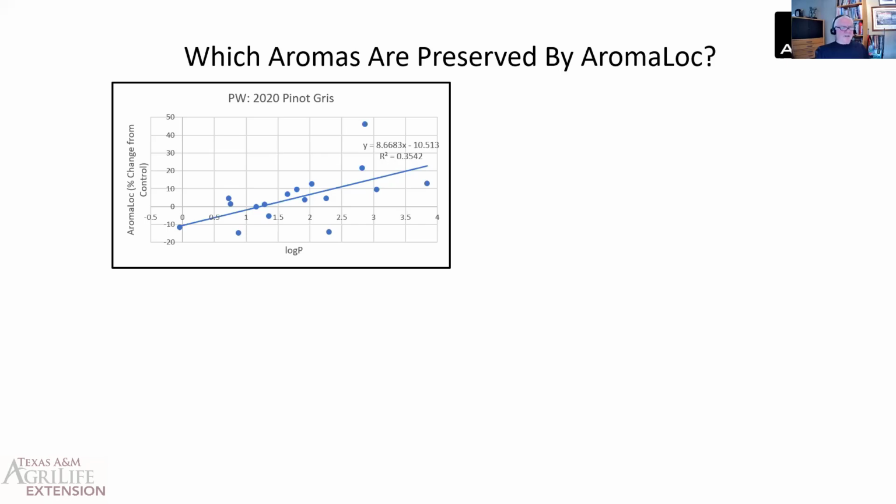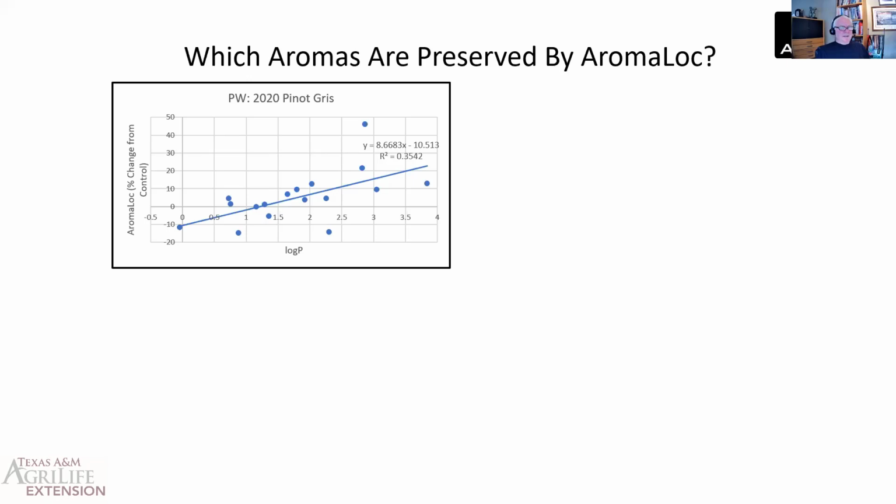Okay, so here's what we found. Each dot on this graph is a different aroma compound. And these were measured at Brock University in St. Catharines, Ontario in Canada. It's our viticultural university here in Canada. And they do quite a good job at these measurements. So this was an example of a Pinot Gris fermented last October here in the Okanagan Valley of British Columbia.